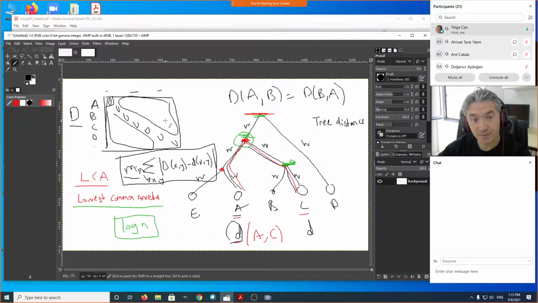But if not, it will be impossible to have such a tree, because if it's not a metric, and since these tree distances are metric distances, it will be impossible to get these lowercase d values that are exactly equal to these uppercase D distance values.